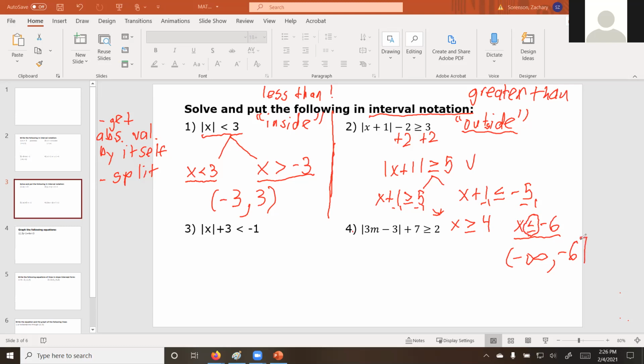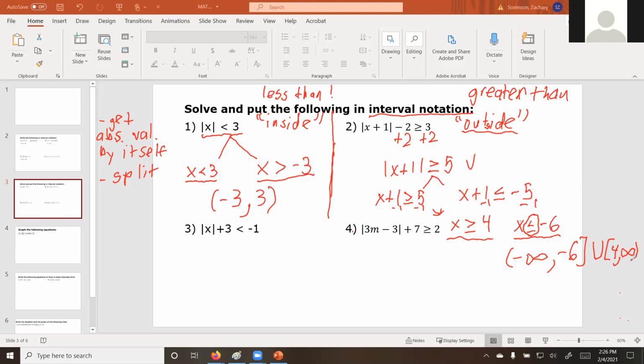Yeah, it's less than or equal to, so bracket. Then I do union because I'm not done. And then how do I do this guy? Bracket 4, and then infinity. Perfect. And so that's what we're typically going to see.